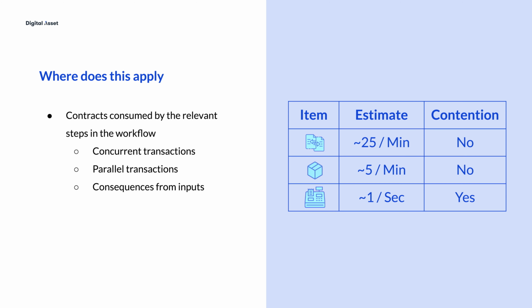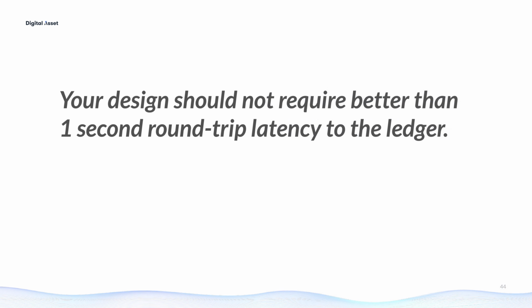Then compare your numbers against a critical rule of thumb. Your design should not require better than 1 second round-trip latency to the ledger. A round trip has to prepare, then submit a transaction to the Canton ledger. Then validate and confirm the transaction was correctly committed to a ledger. This will normally take less than 1 second.